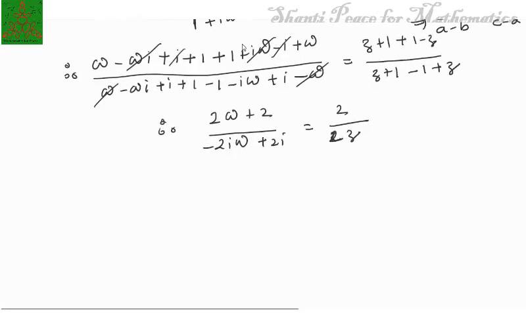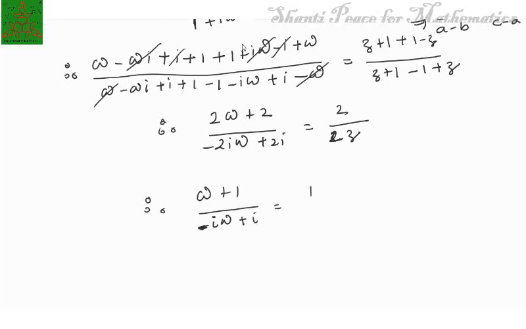Hence finally we have W plus 1 upon iW minus... plus i equal to 1 upon Z. This we can also write as W plus 1 upon W minus 1 equal to, if I take this i common and take it on the other side, minus i upon Z.